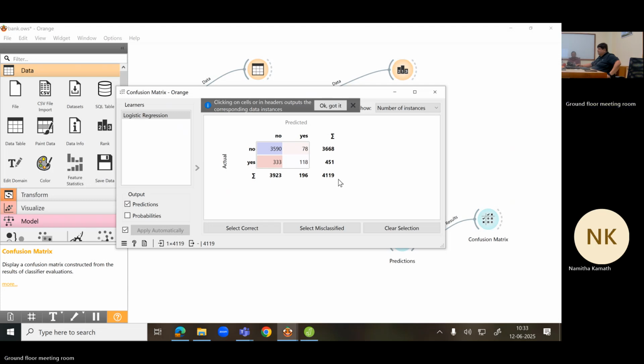So except for those 451 cases who have actually taken the term deposit, your prediction should be right. That is 89%. So 89% of the time you are correct without having any model.